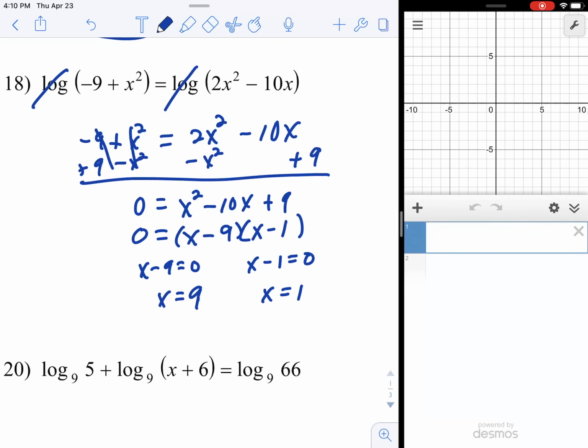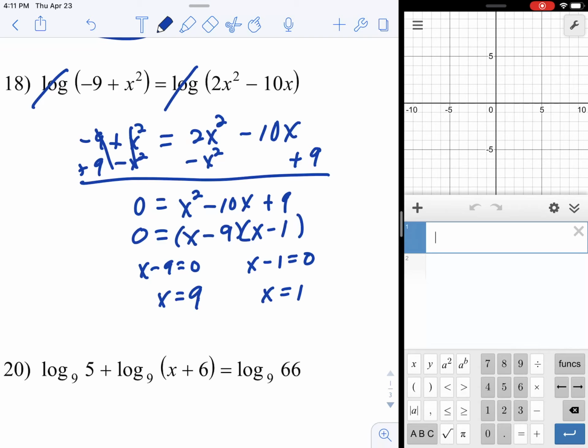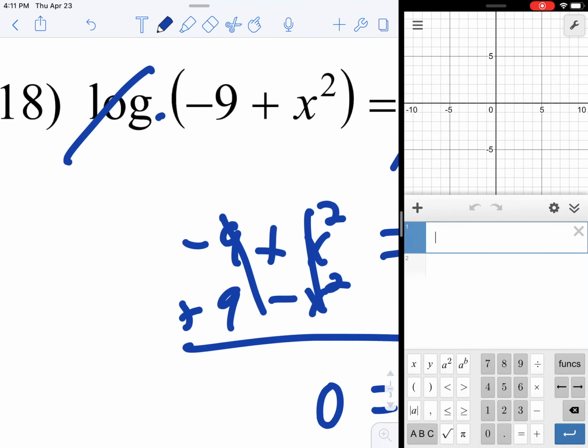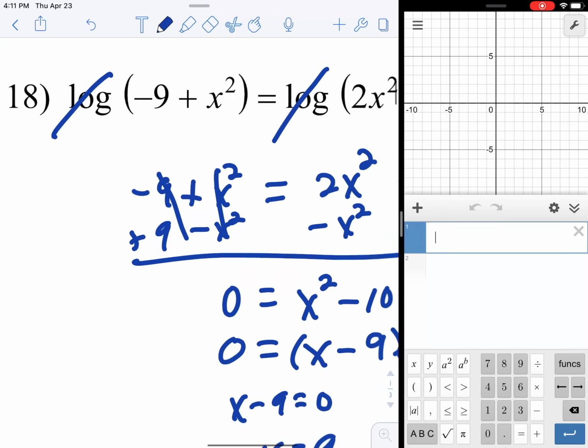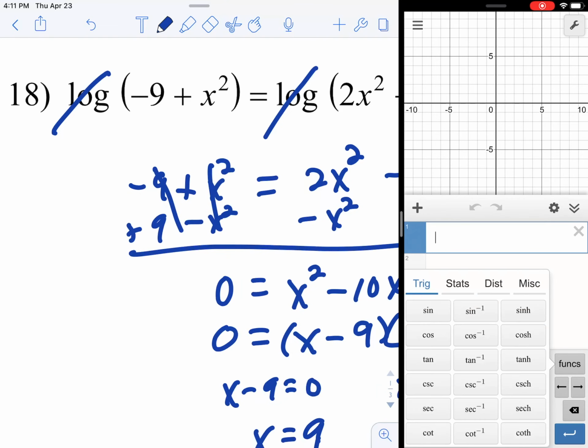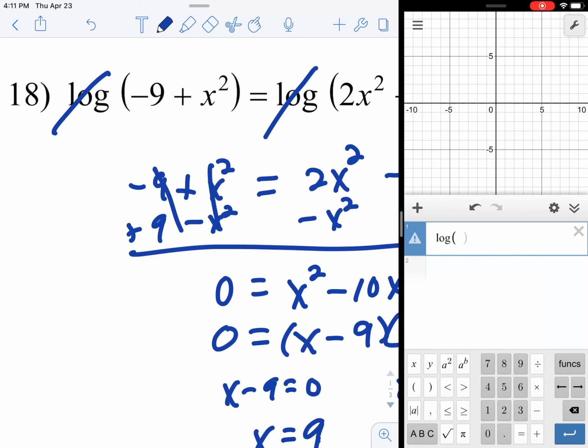And so as far as showing your work, what I have written down there would do a great job. If you did a shortcut here or there, that'd be fine, but make sure you're showing some kind of work. Now I need to check and make sure these are good. So this is a common log. There's no base here, which means it's base 10, so I'm going to use the common log button here.